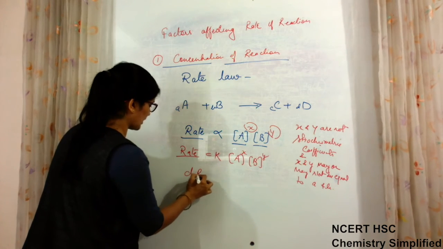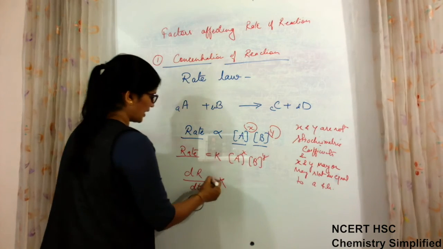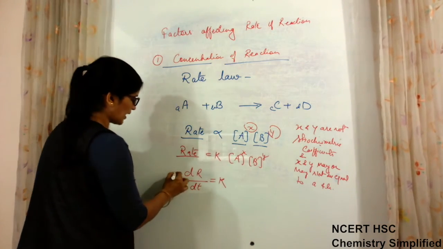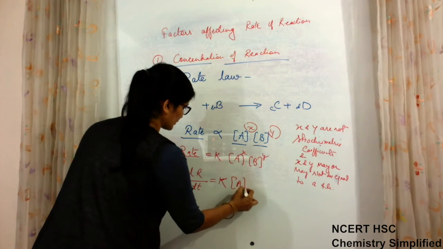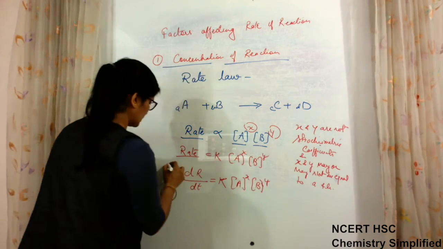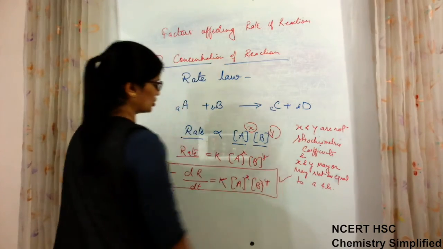So it can be written as dr by dt is equal to K, and because it is in terms of reactant, this is minus dr by dt is equal to K [A]^x [B]^y. This is your complete expression for rate law.